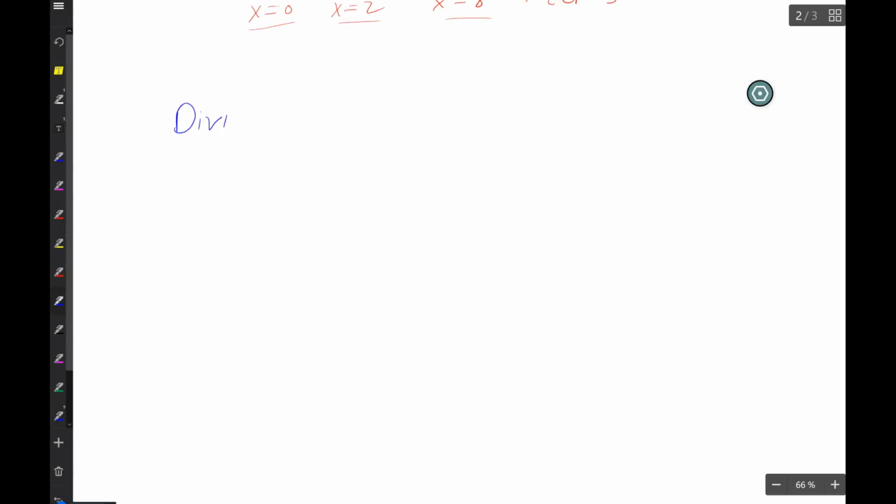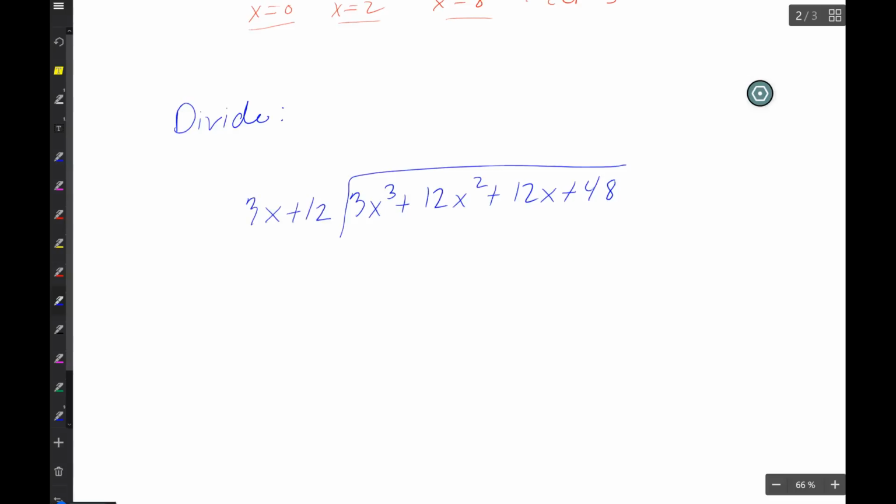Divide using long division. If we have 3x cubed plus 12x squared plus 12x plus 48, and we divide it by 3x plus 12. Do you remember how to start this one? Divide what?